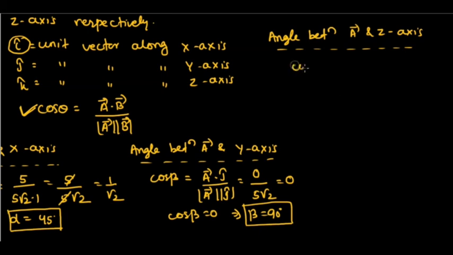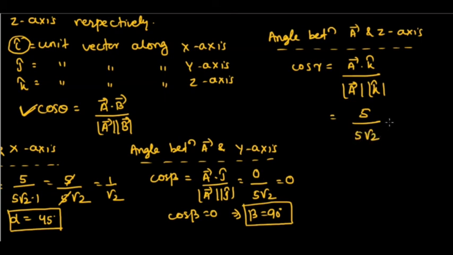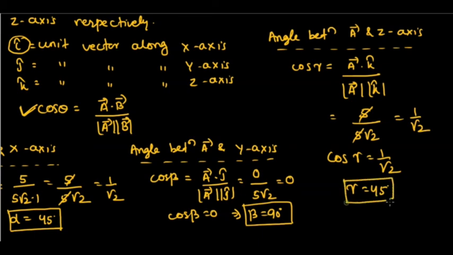So cos gamma will be a vector dot k cap divided by a vector magnitude into k cap magnitude. So a dot k will be the same 5, and a magnitude is 5 root 2, k cap magnitude is 1. So that will be 5 by 5 root 2, 5 cancels. So cos gamma is also 1 by root 2. So gamma is 45 degree. So the angle between a vector and z axis is 45 degree.